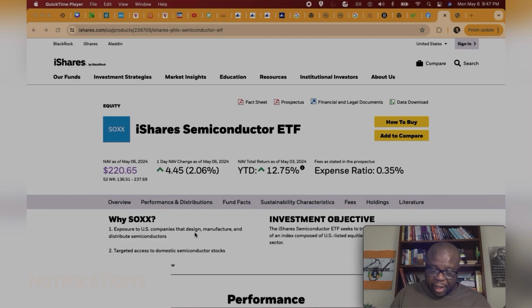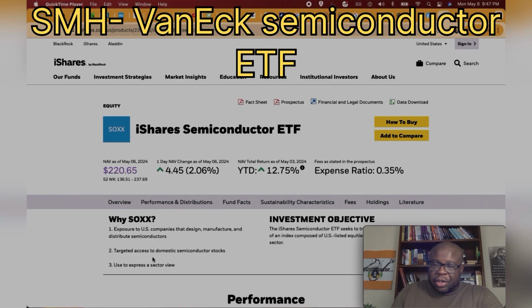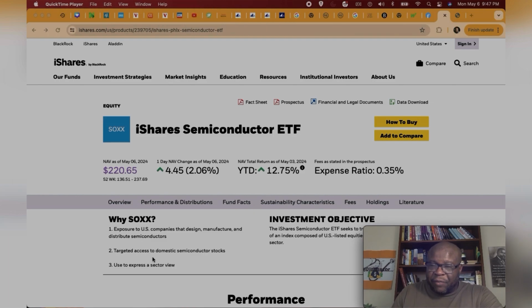But if you don't want that exposure or that additional risk, you can just focus on SOXX, which focuses primarily on U.S. companies. So it's targeted access to domestic semiconductor stocks. That's one of the differences between this and ticker SMH, the VanEck semiconductor ETF, which we did a previous video on, which has more foreign exposure.